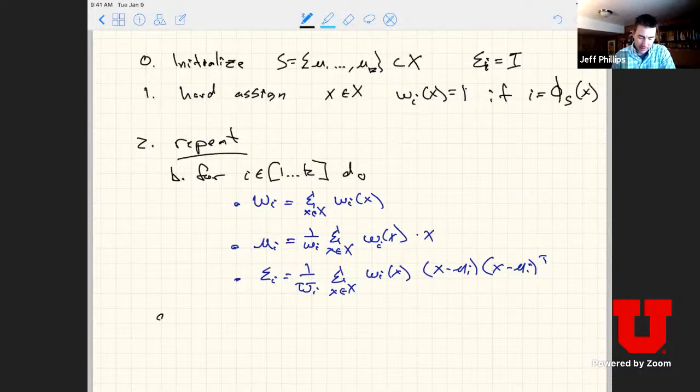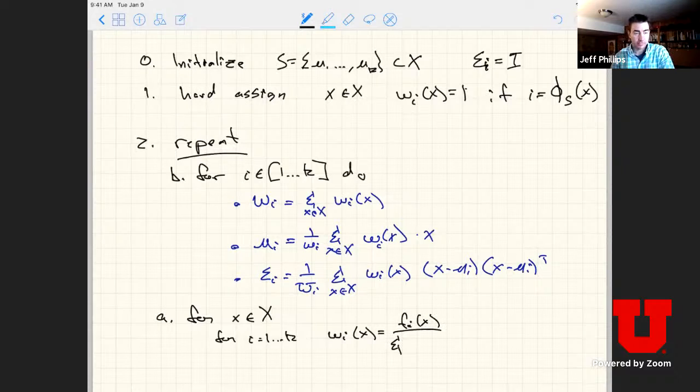Now we're going to have A, and this is going to do a for loop over all the x. And for i from 1 up to k, I'm going to set w_i of x equal to f_i of x over the sum over i of f_i of x, right?